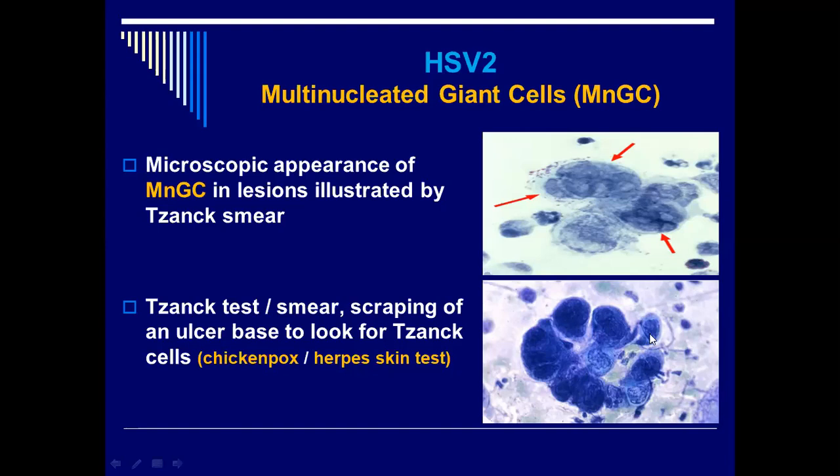So in viral infections with vesicles, smears with the help of Tzanck stains showing multinucleated giant cells can certainly give you the best clue towards infection with herpes simplex virus 1 or 2.